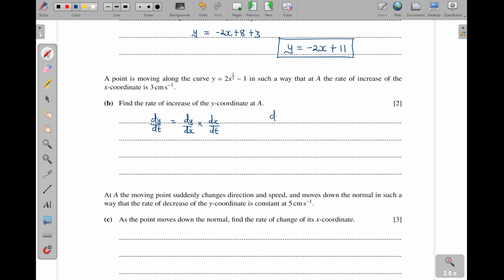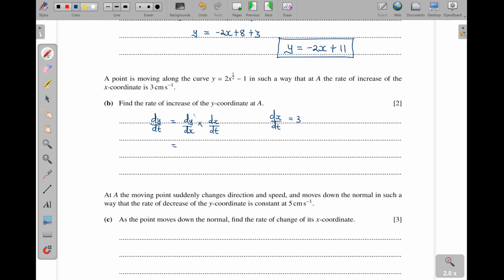So this one can cancel with this, but y and x are connected, okay? So our dx/dt is actually given here as 3, the rate of increase. Suppose they said rate of decrease, then this value would be negative, okay? Increase is positive, decrease is negative.